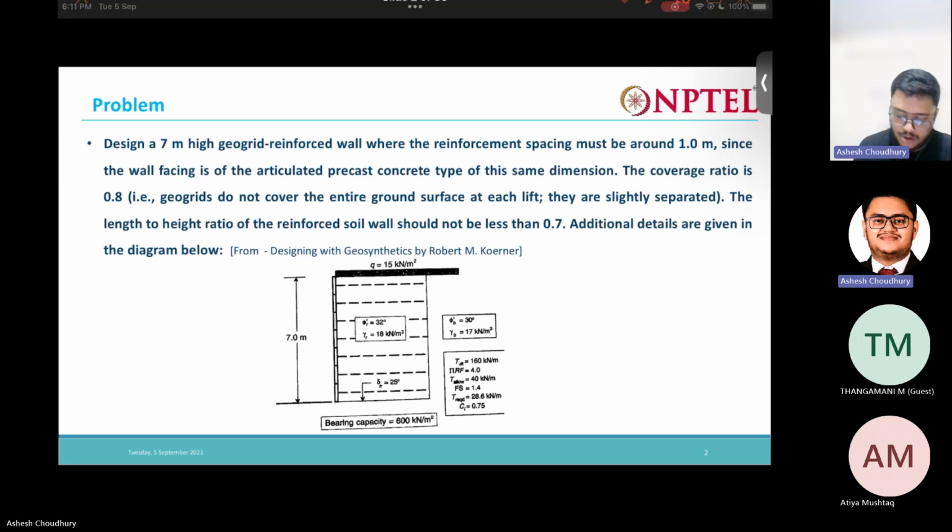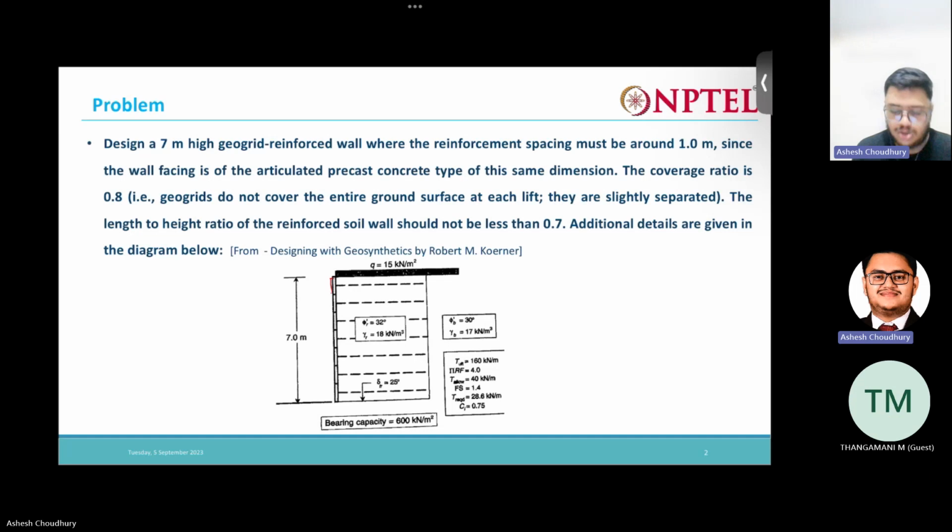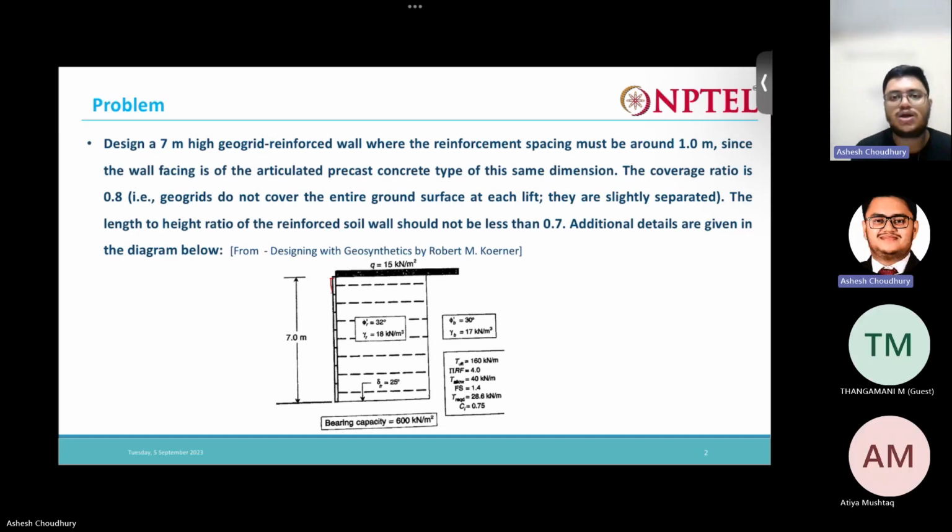Because we are using precast concrete blocks that are 1 meter in height. Here the dimension of this precast concrete block is actually determining the spacing of our reinforcement.